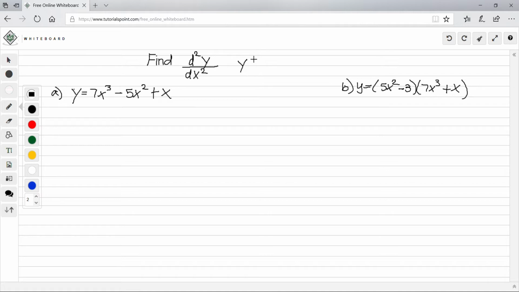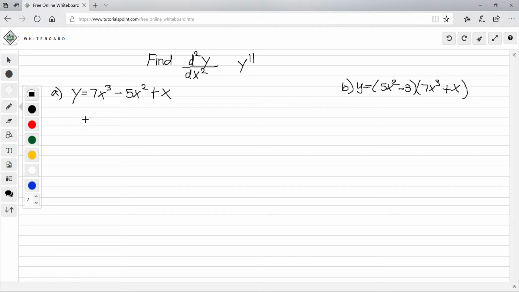Y double prime. So I'm looking at this, and we don't have a y, so we don't have to differentiate explicitly. Remember, whenever there's a y, you could differentiate implicitly, but we only have x, so this is going to be really simple.